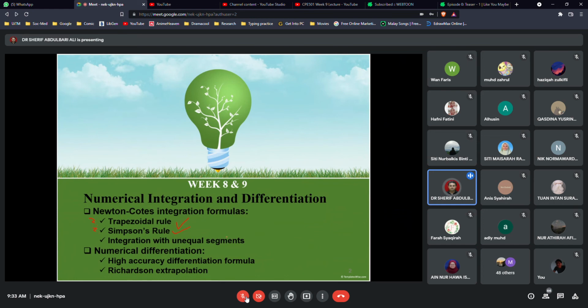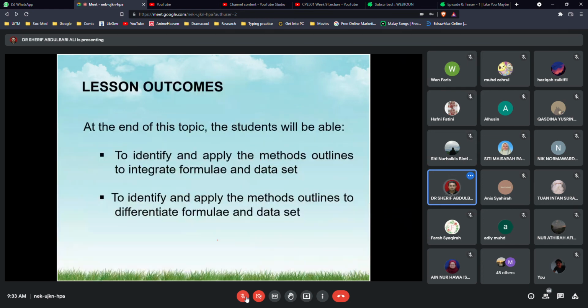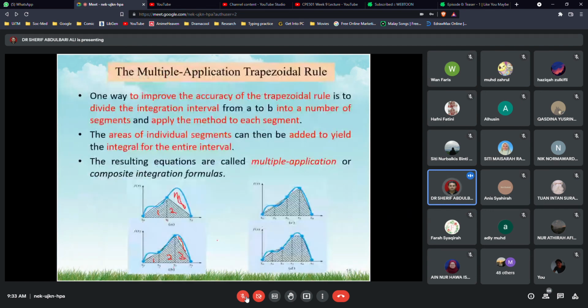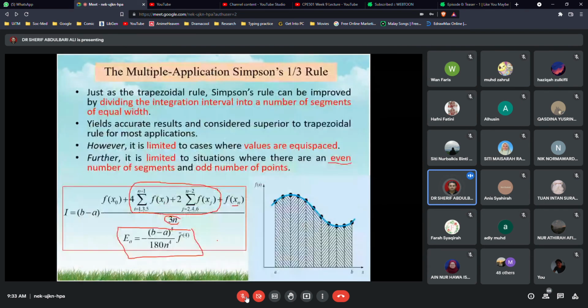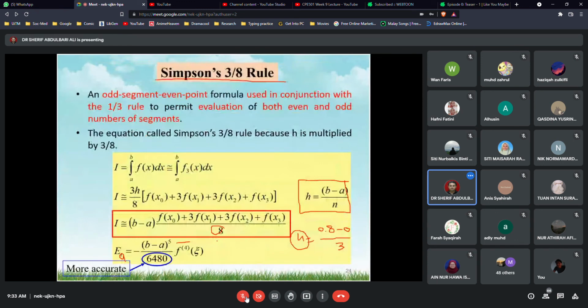Mostly the question is coming from this part, which I'm going to cover in the next class. The questions in the final or in the test mostly come from this part: integration with unequal segments using all these methods, which we are going to explain in the next class.